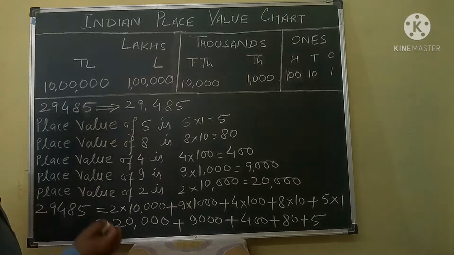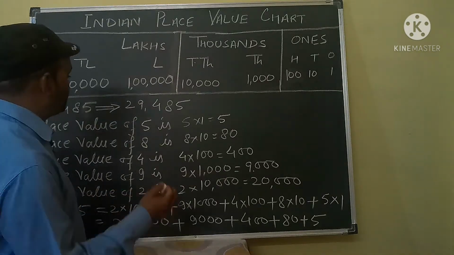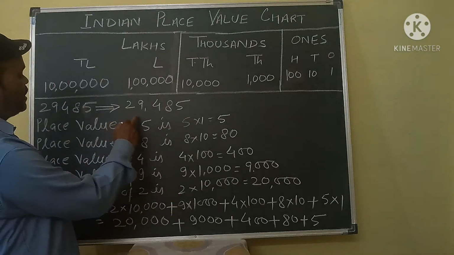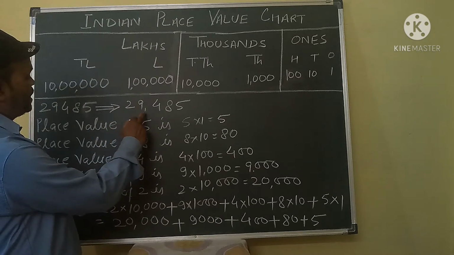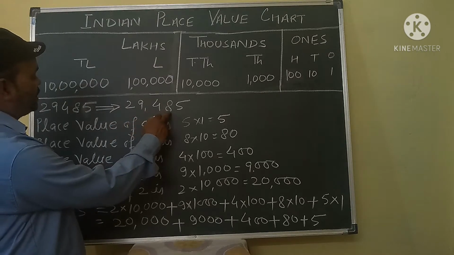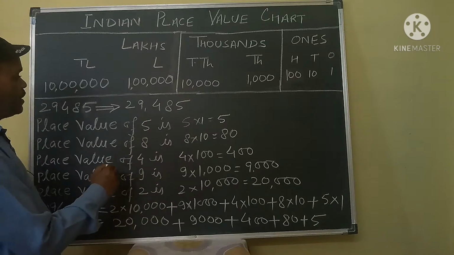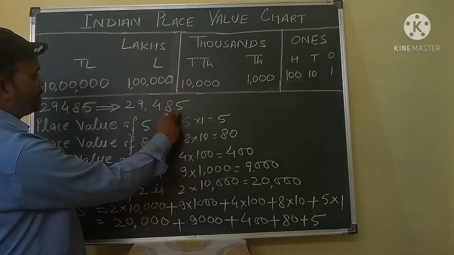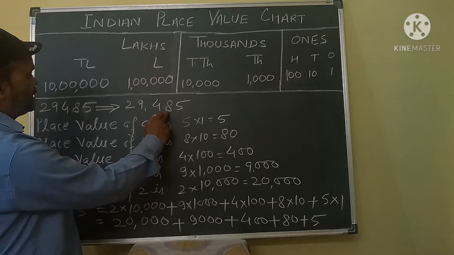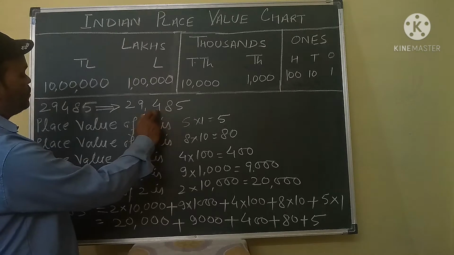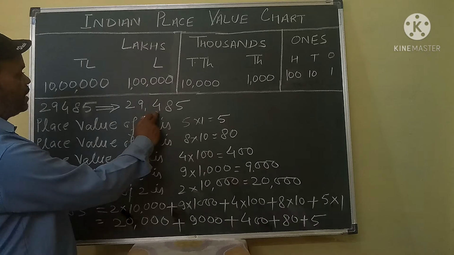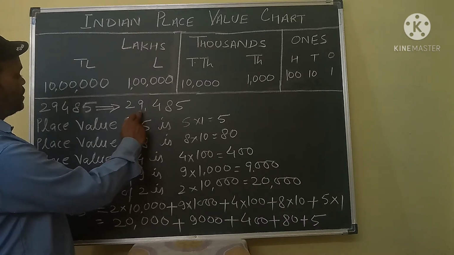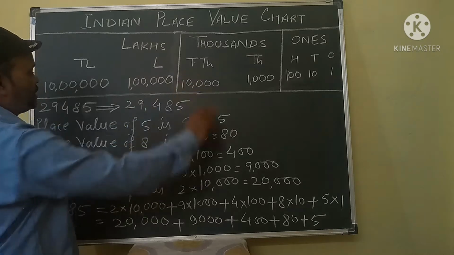Again, how can you write this number in expanded form? Now look here. According to the Indian place value system, 5 is in the ones group, 8 is in the tens group, 4 is in the hundred group, 9 is in the thousand group, and 2 is in the 10,000 group.